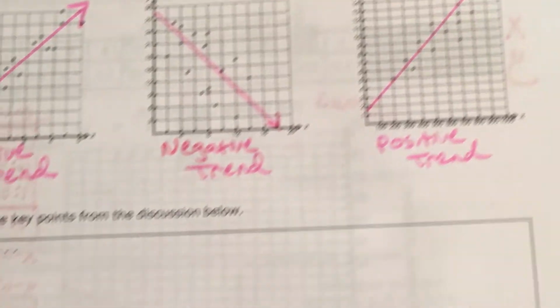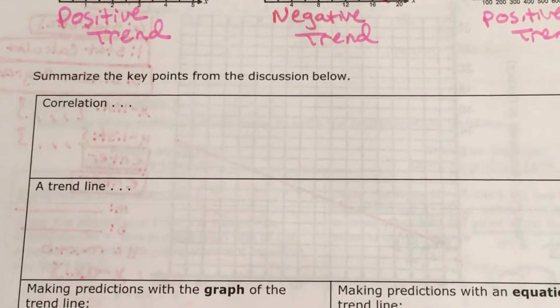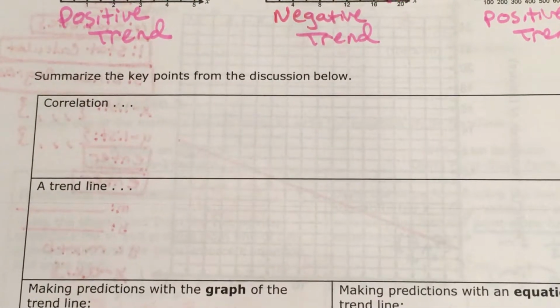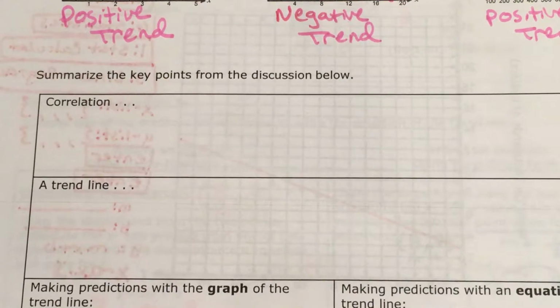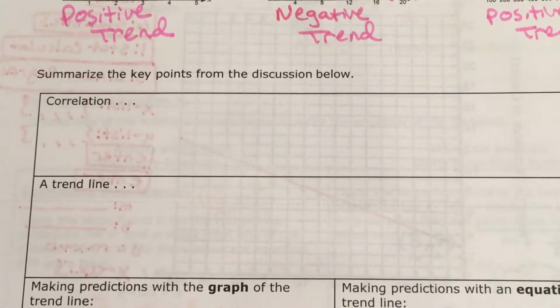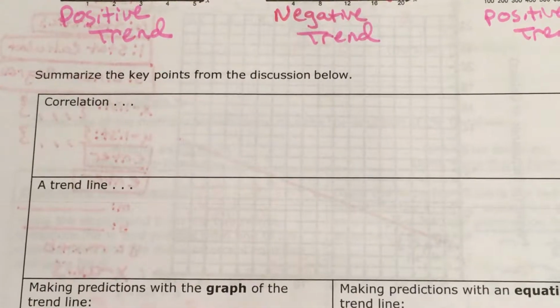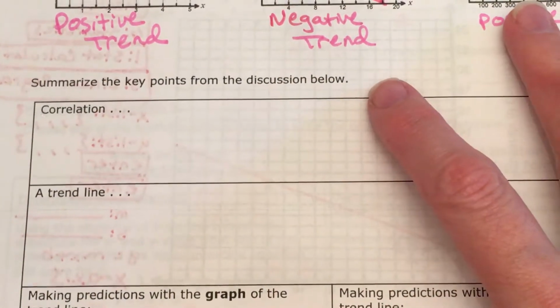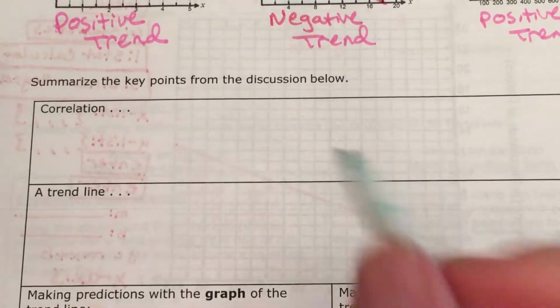We have a lot of vocabulary going on in this section. A correlation, this is how tight or how loose the spacing is of the points around the trend line. So you could measure it.